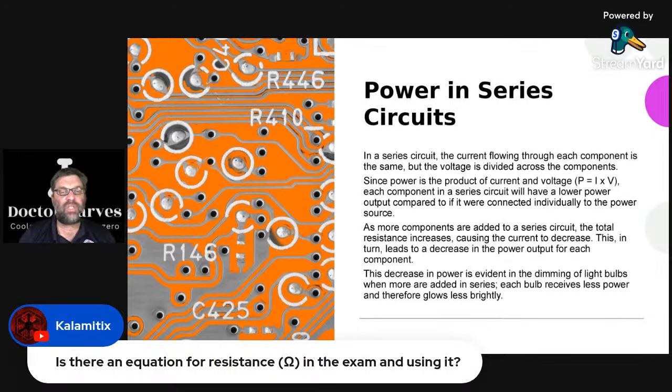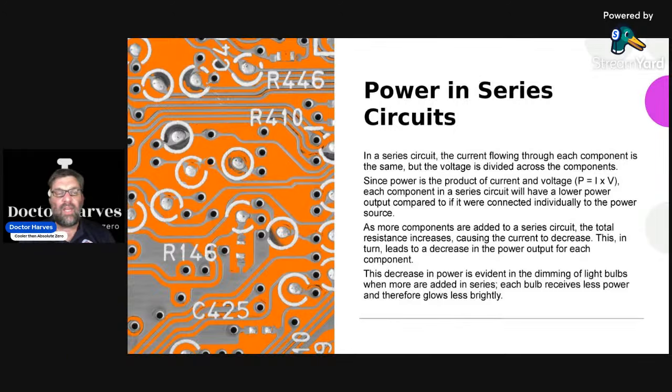Is an equation for resistance in the exam? Thing is, we're not assessing electricity, we're assessing electrical energy. So you won't be asked to calculate resistance because that's not what we're assessing. The only one I'd suggest you look at is voltage equals current times resistance, which is Ohm's law, and you can use it to answer questions about power in a series circuit.